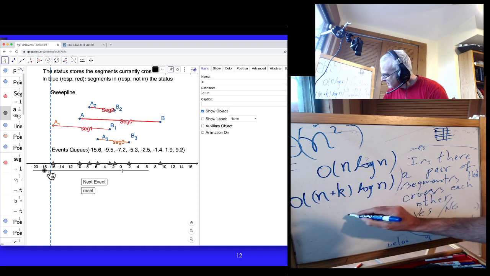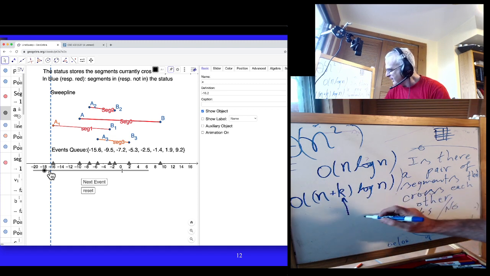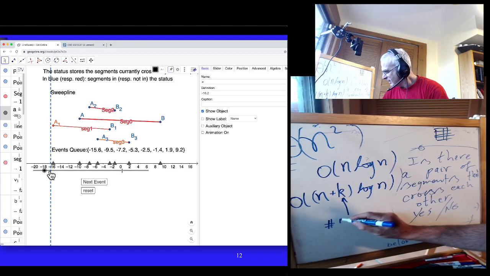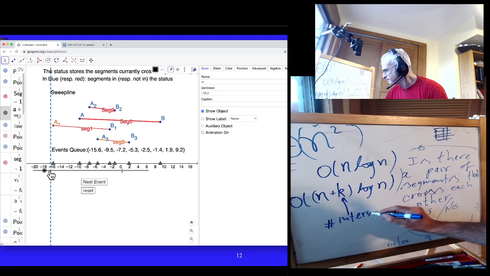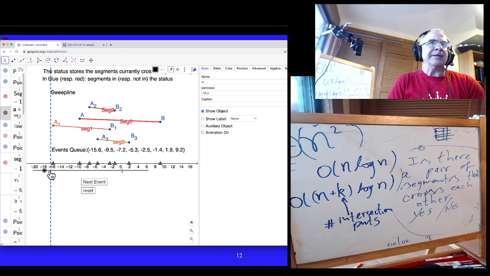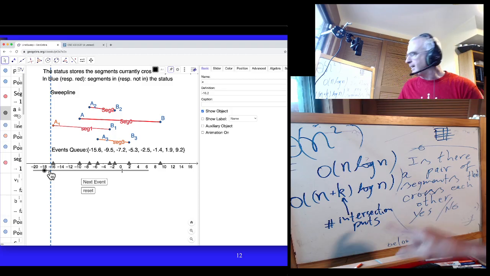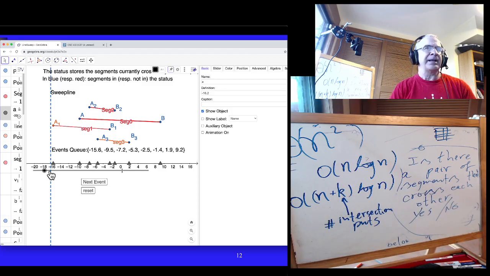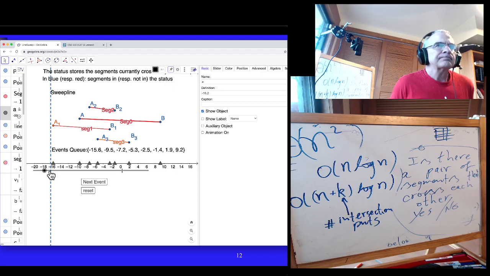So in this case, I will run in n plus k, where k is the number of intersection points, times log n. If there are a lot of intersection points, it will take a lot of time. If there are none, no intersection, it will still take only n log n.